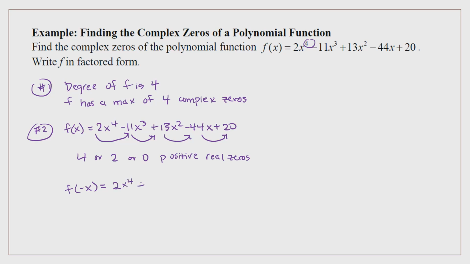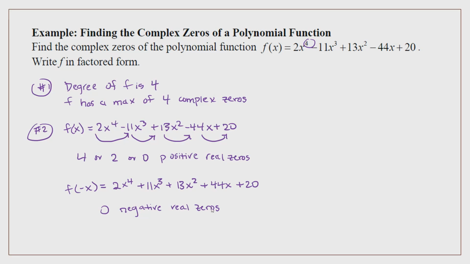Remember, the first one stays, the second one is going to change, the third one stays the same, the fourth one will change, and the last stays the same. Okay. So all of these terms are now positive. So there are 0 negative zeros. All right.